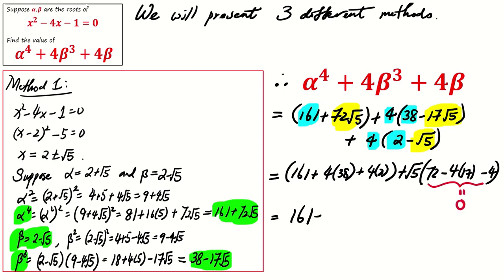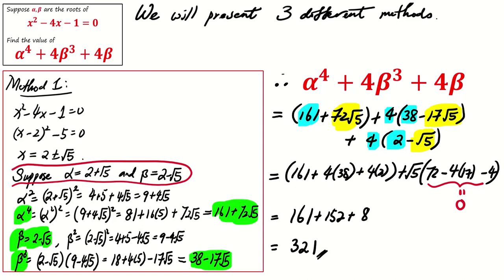So we are left with 161 plus 152 plus 8, which means that the answer is 321. This is based on the assumption alpha equals 2 plus square root of 5 and beta equals 2 minus square root of 5. In fact, we'll get exactly the same solution if alpha equals 2 minus square root of 5 and beta equals 2 plus square root of 5.